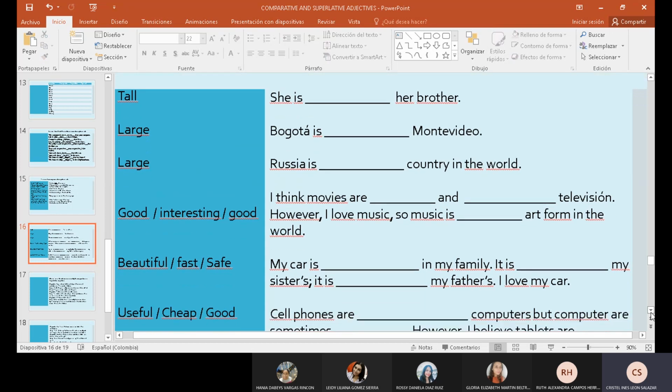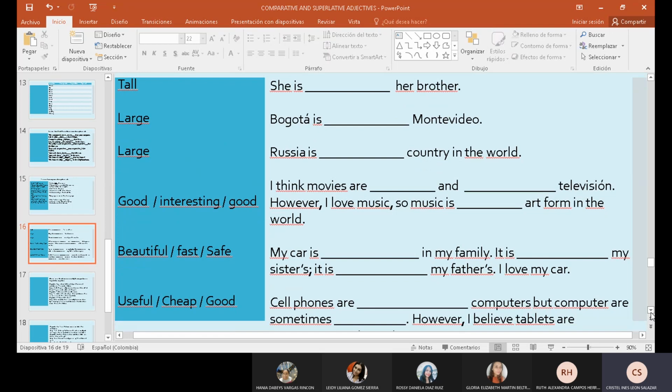Okay, this is another slide. We are going to practice this topic. Who wants to participate with the first sentence? Gloria, do you want to participate with the first sentence?